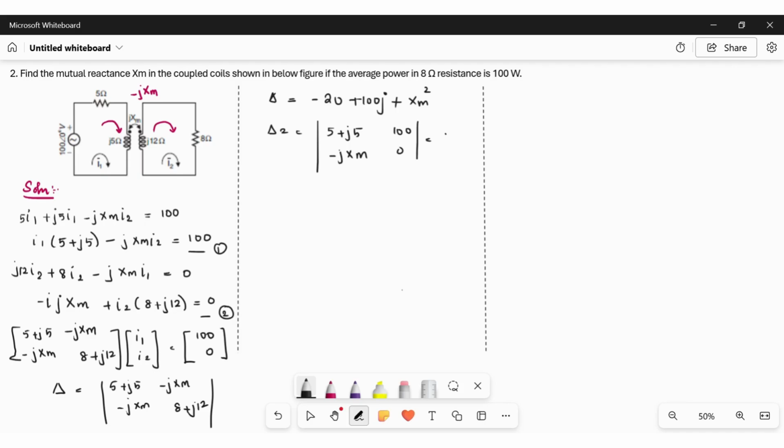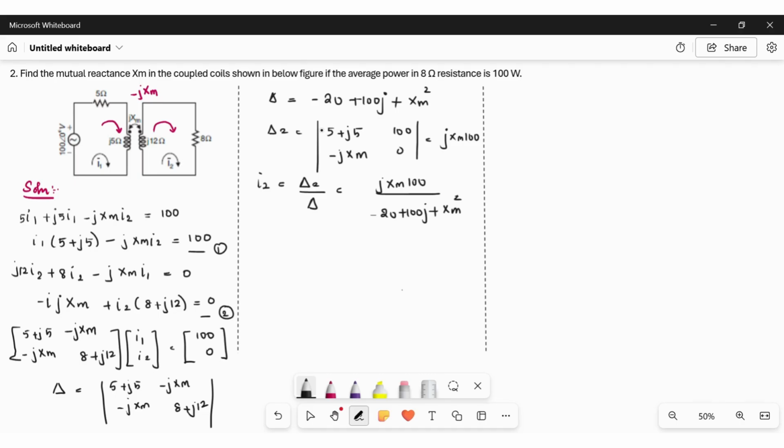So delta 2 is jXM 100. Okay. So we are going to find I2 now. I2 is delta 2 divided by delta, which is equal to jXM 100 divided by minus 20 plus 100j plus XM square.